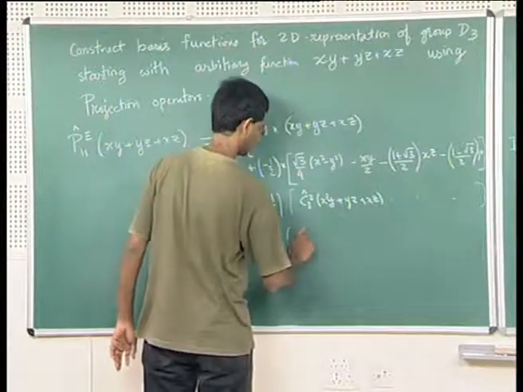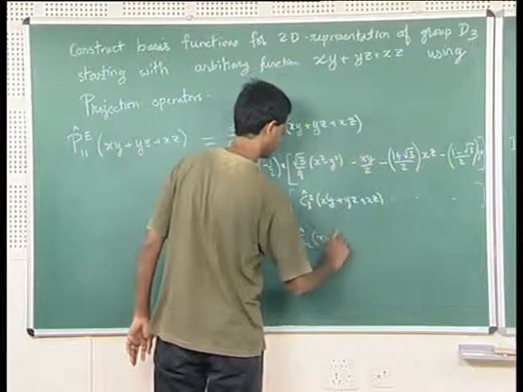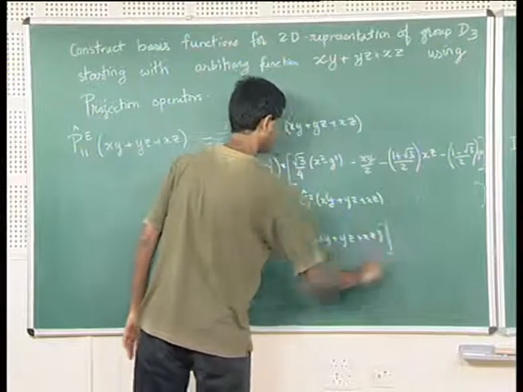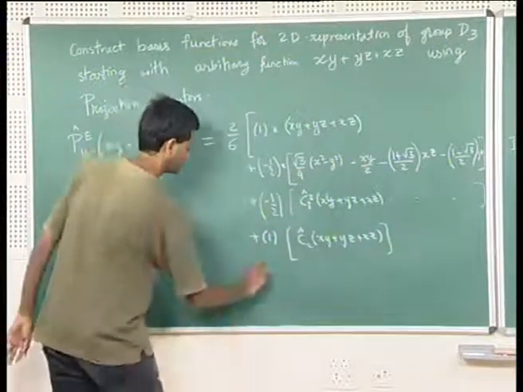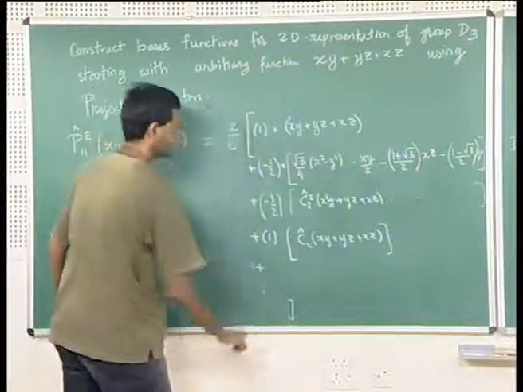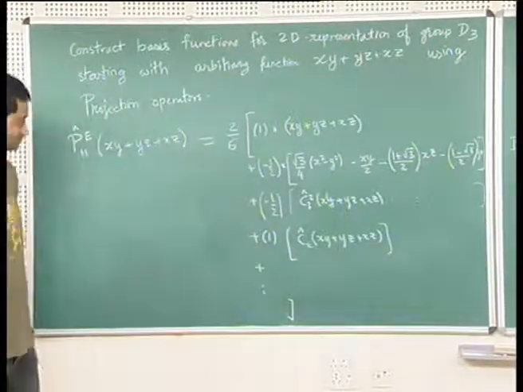This is C2 operated on xy plus yz plus xz, and so on and so on. So you have these 6 terms and you have to collect all of them together.